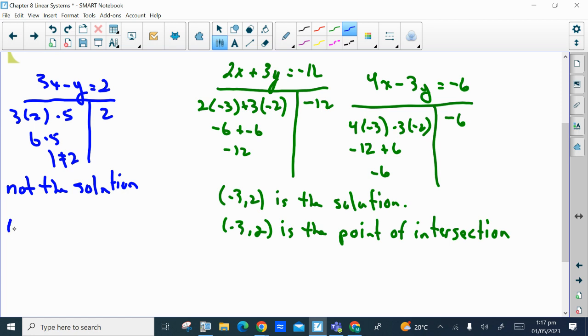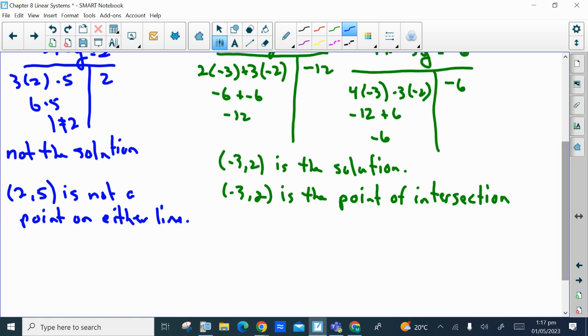So that means that 2 comma 5, again, is not a point on either line. So it can't be the point of intersection because it's not on either of those two lines. Okay?